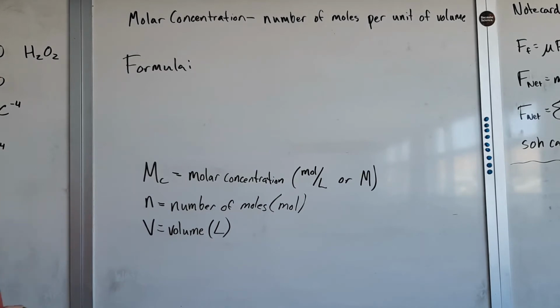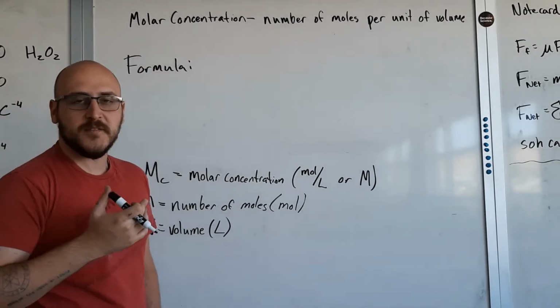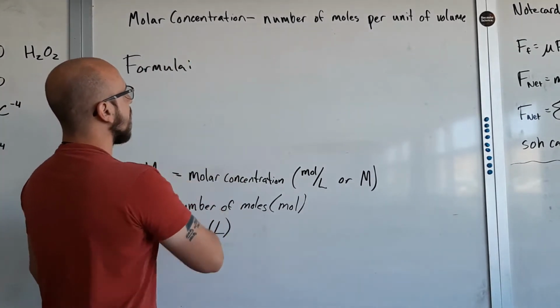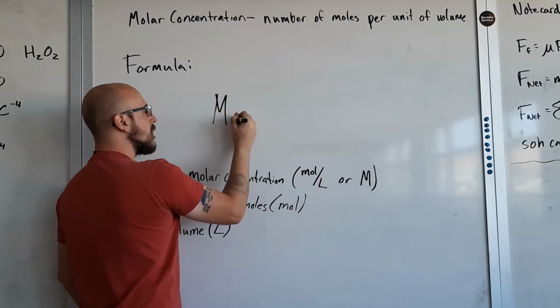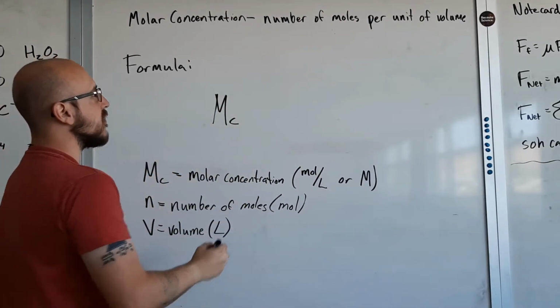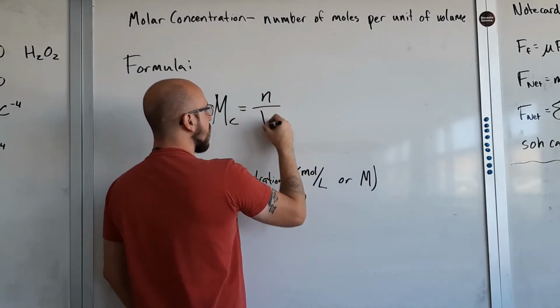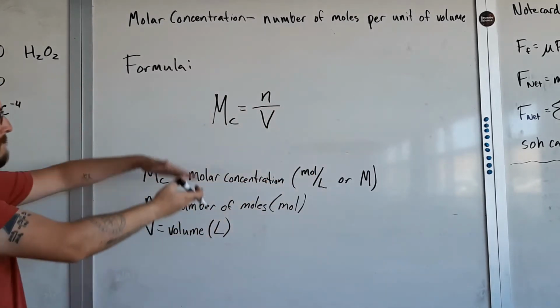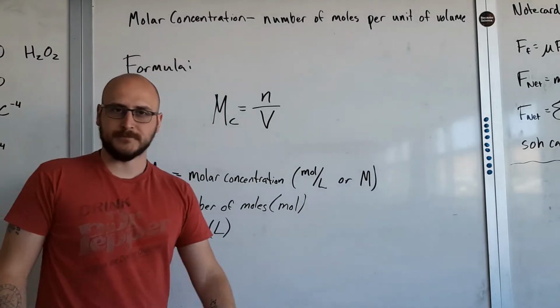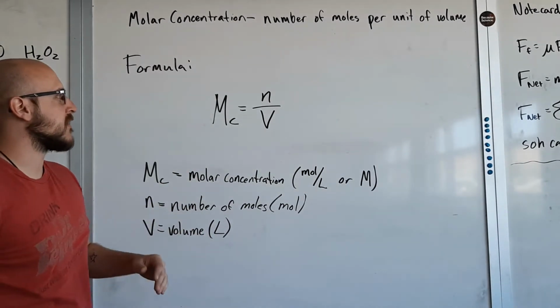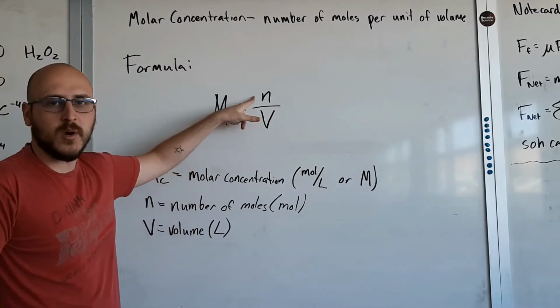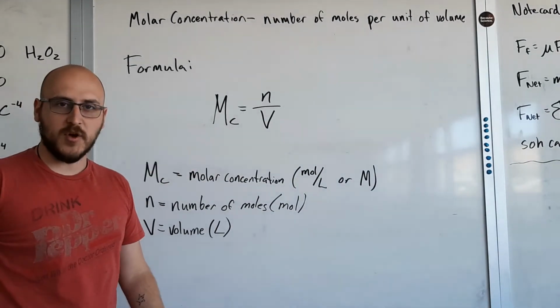Okay, so figuring out our formula, it's just the definition that we had. Molar concentration, big MC, is equal to the number of moles per unit of volume. Boom, we got a formula. So if you want to figure out your molar concentration, you're just going to take your number of moles and divide by volume.